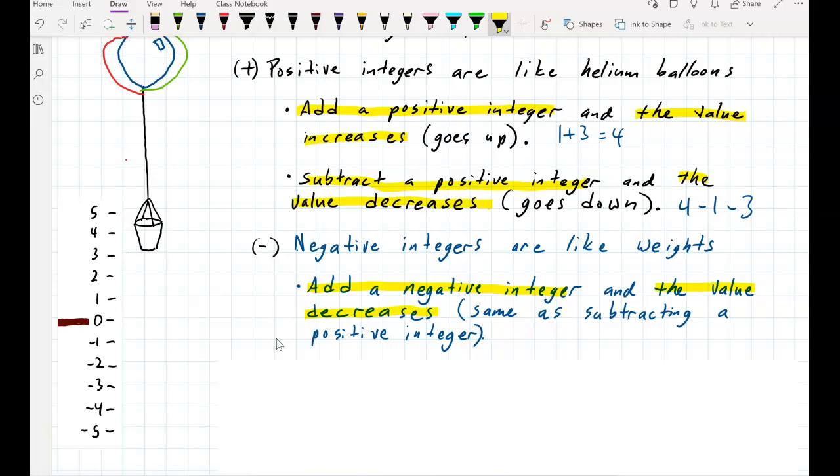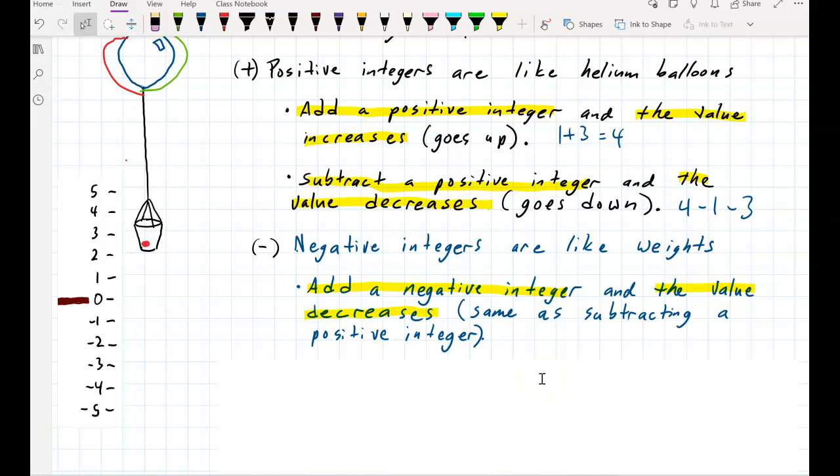So when you add a negative integer, the value decreases, which is the same thing as subtracting a positive integer. It's just like popping a balloon or getting rid of a balloon. Adding a weight is just like taking away a balloon. So I'm going to add a weight. There we go. Put a weight in the cup. By adding a weight, adding a negative integer, it caused the entire situation to go down.